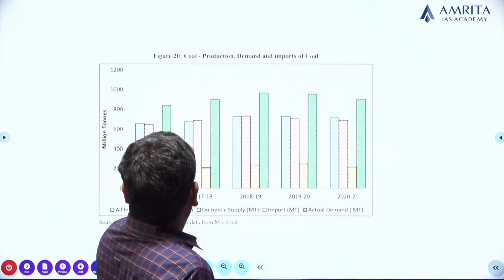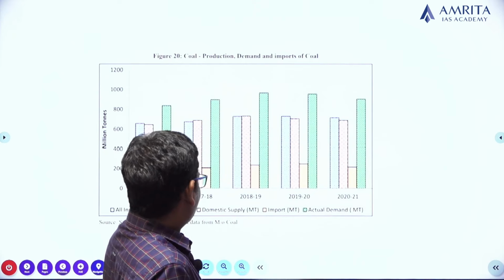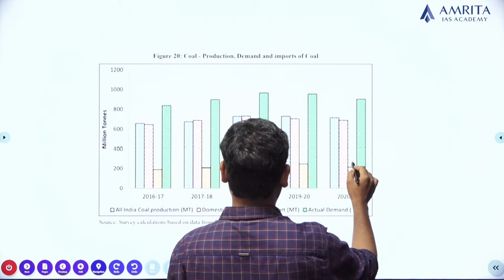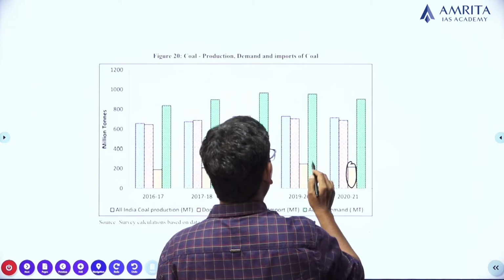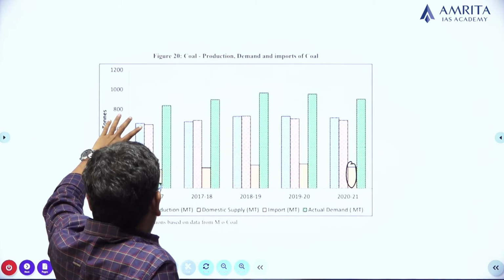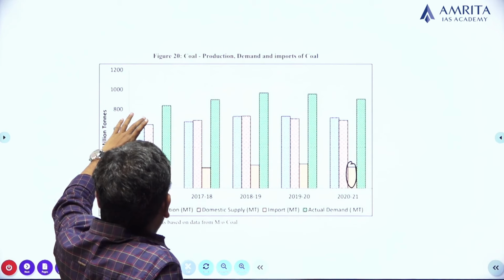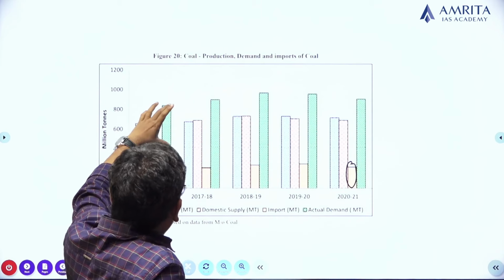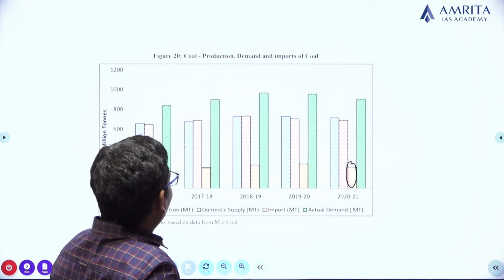Again, India's coal production, all India coal production, domestic supply, import, actual demand. This is actually what I used to say always. Though we have a huge amount of production and our domestic supply is this, we are maintaining some surplus, the actual demand is this, but still we are importing.